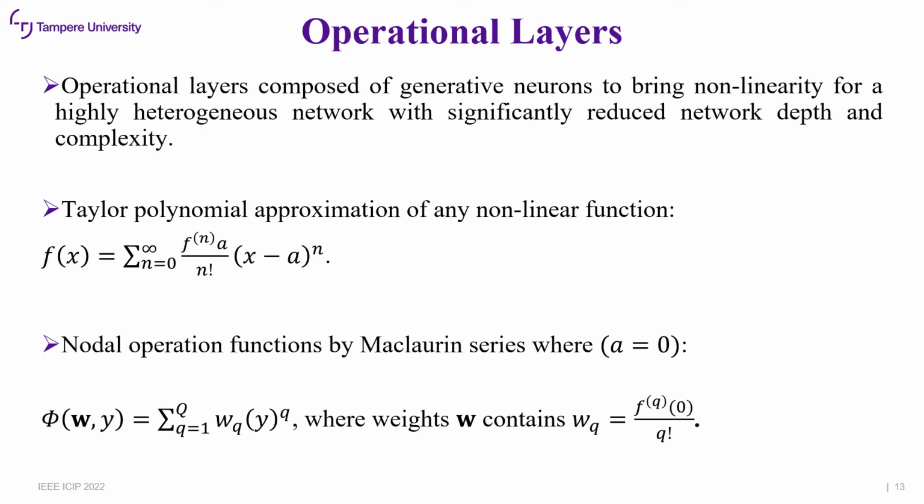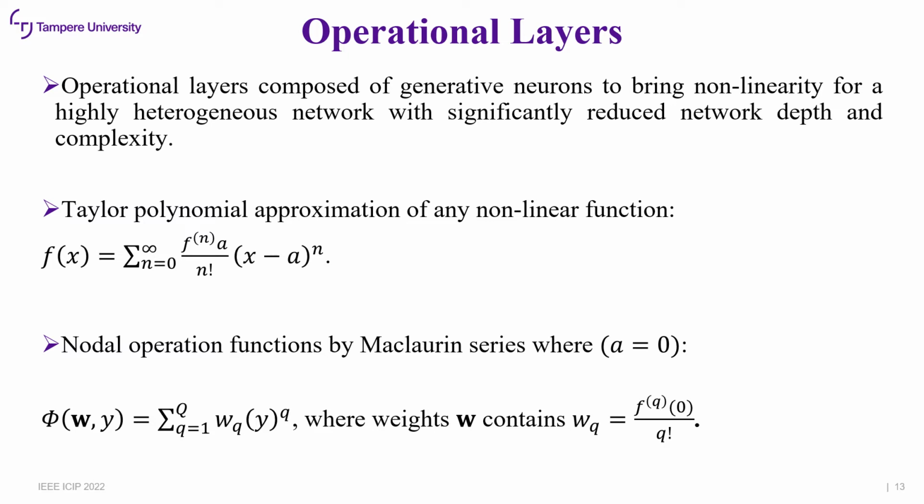Operational layers are composed of generative neurons that are nonlinear neuron models, and therefore they can have superior learning performance compared to convolutional layers. With operational layers, we can form highly heterogeneous network structures. Therefore, we can also significantly reduce the network depth and complexity.